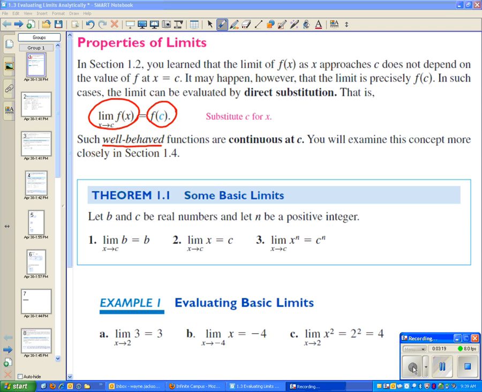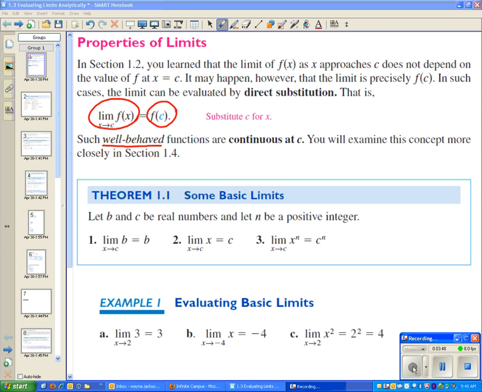So we spent a couple days hammering you over the head with the fact that the limit of the function is not the value of the function. And now we're backing up and saying, well, sometimes it is. And when it is, and we're going to have theorems that tell us when it is, finding the limit involves the exact same thing as finding the value of the function, which means you substitute.